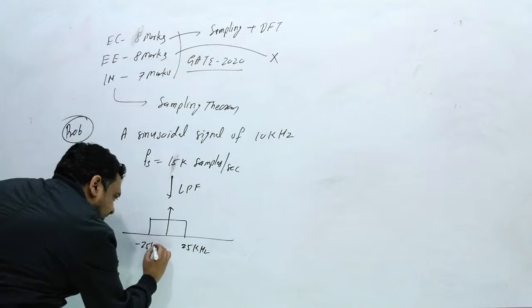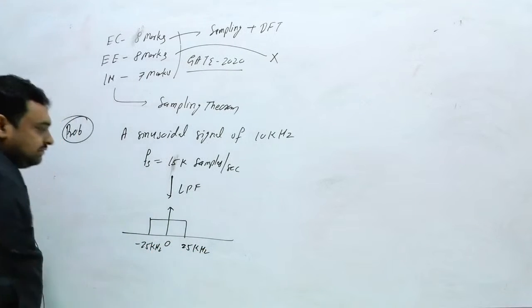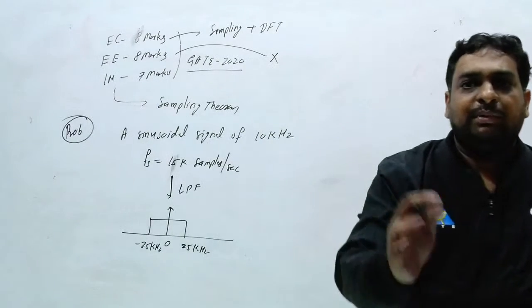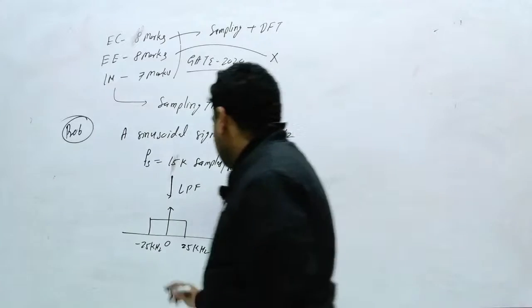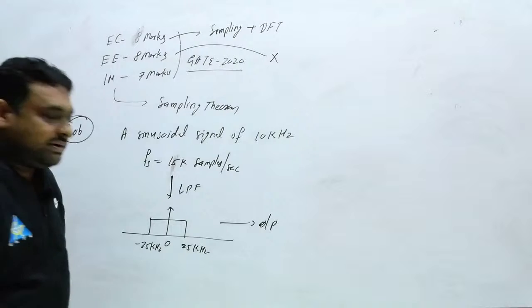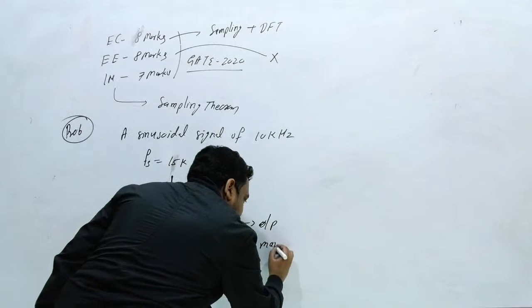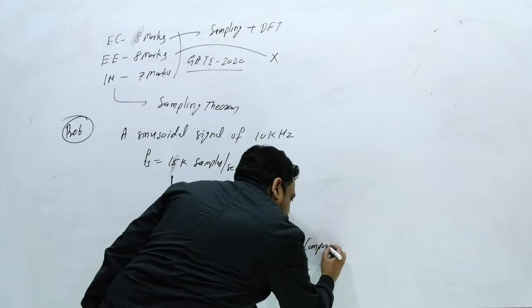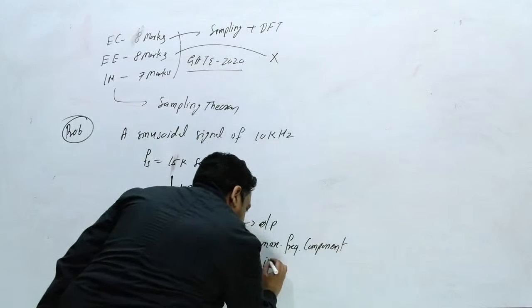This is minus 25 kilohertz, this is 0. Now they are asking for the maximum frequency component at the output. What is the maximum frequency component in the output?